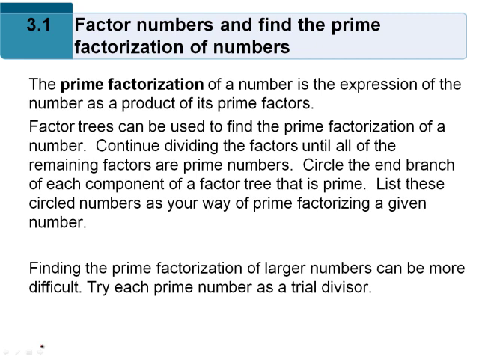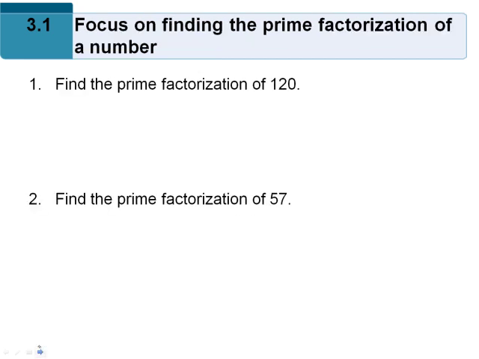And then all of the circled numbers multiplied together gives you back the number you started with. Okay, so each time that you're doing this, you can start and break it down into any 2 numbers that multiply to the given number, but you just keep working down until all of the numbers on the tree are prime numbers.